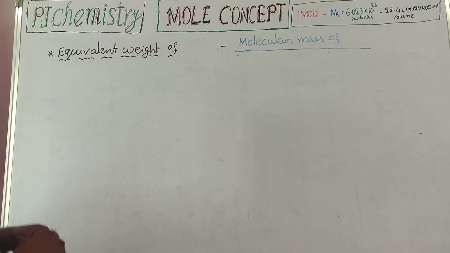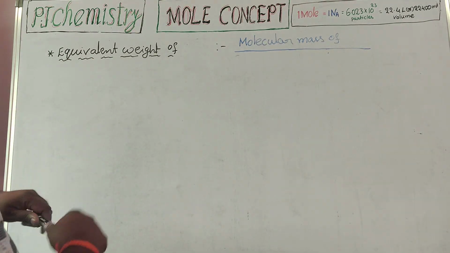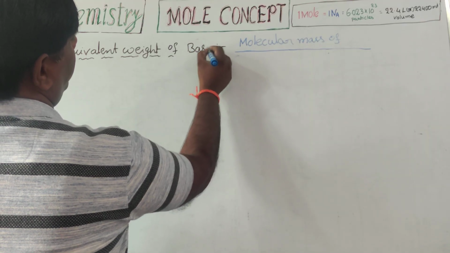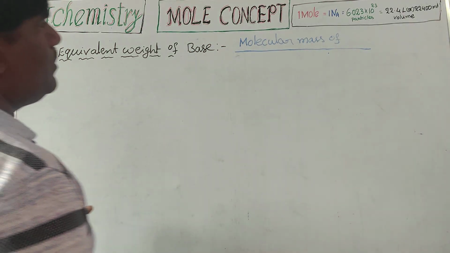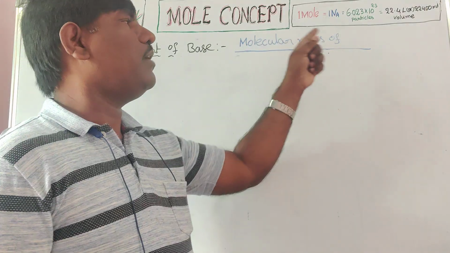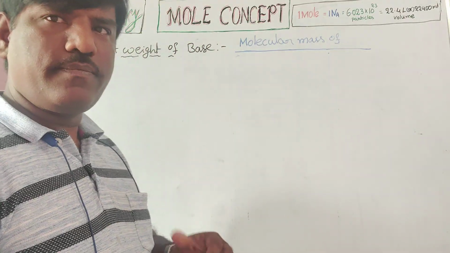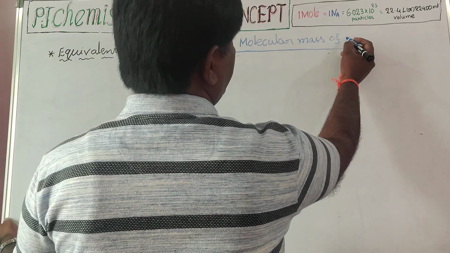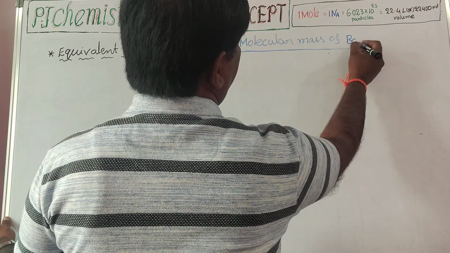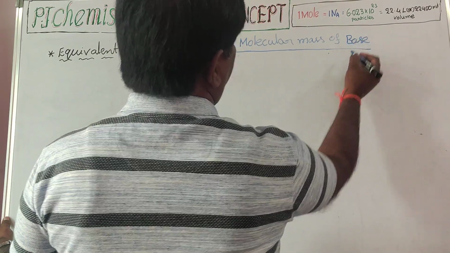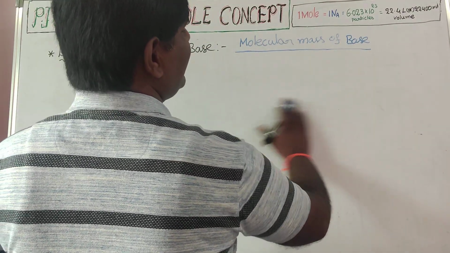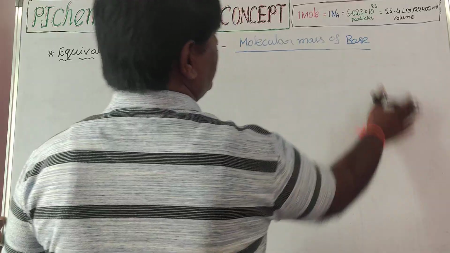Equivalent weight of base is equal to the molecular mass of base divided by the acidity of base. For acid, molecular mass of acid; here for base, molecular mass of base divided by the acidity of base.